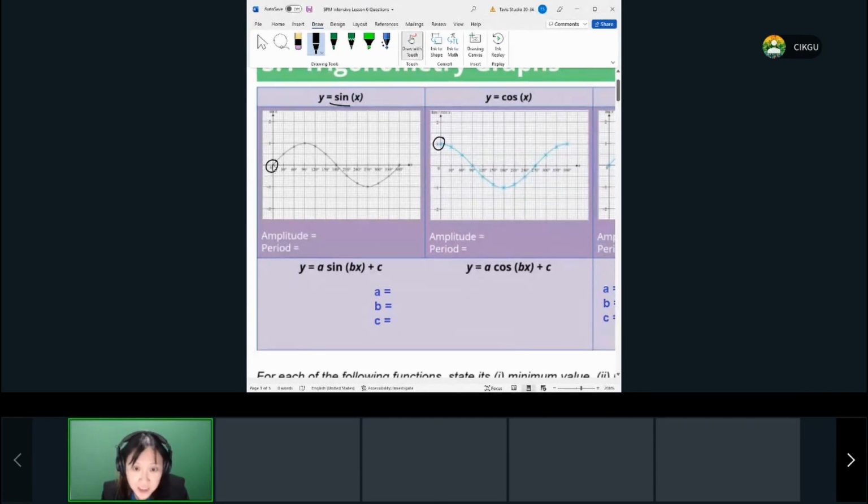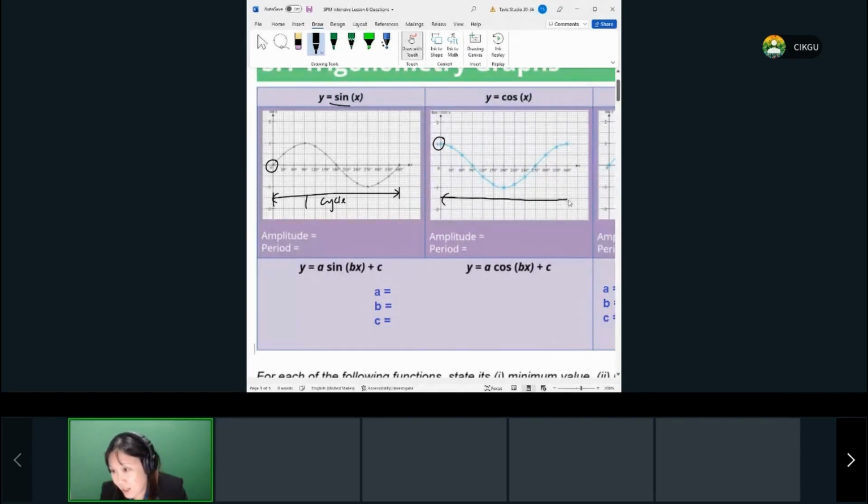That means you started from 0, go up, come down, and then come back to the original position again. This is what you call one cycle. Same thing here: you start from 1, go down to the minimum, and then come back up to 1. So this is also one cycle.